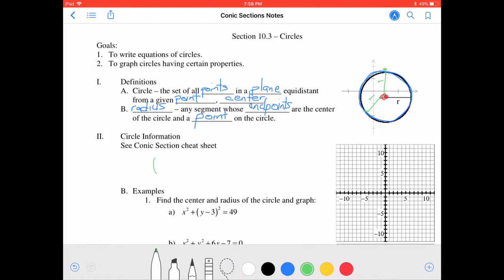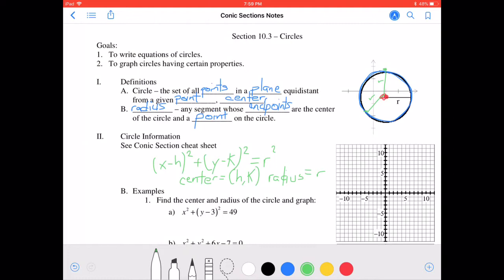So what we have for a circle is (x minus h) quantity squared plus (y minus k) quantity squared equals r squared, where the center of the circle is h comma k, and the radius is equal to r.